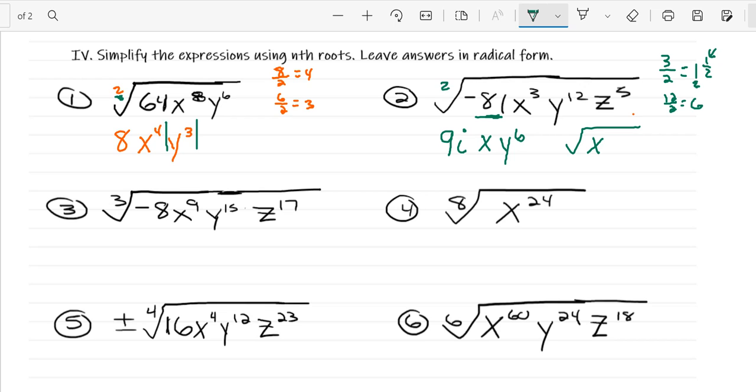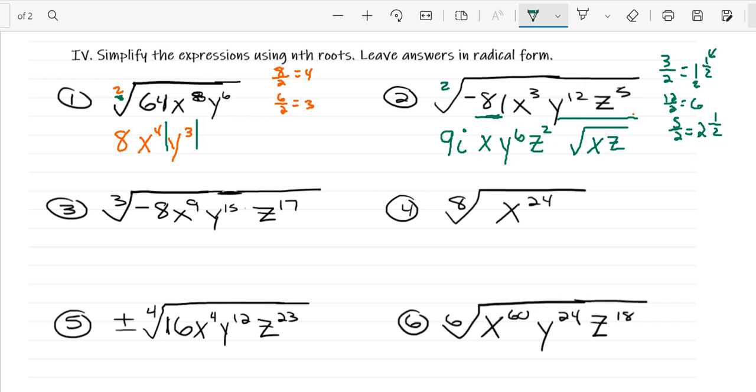And then for the z, we're doing 5 divided by 2, which is 2 wholes, and then there's 1 left over. So for the z's, there's 2 wholes, so we put a 2 on the outside, and then there's 1 left over. That 1 left over stays under the radical. So this would be our answer.